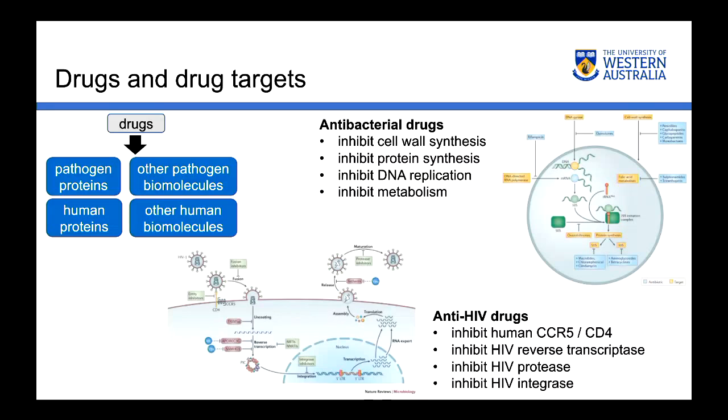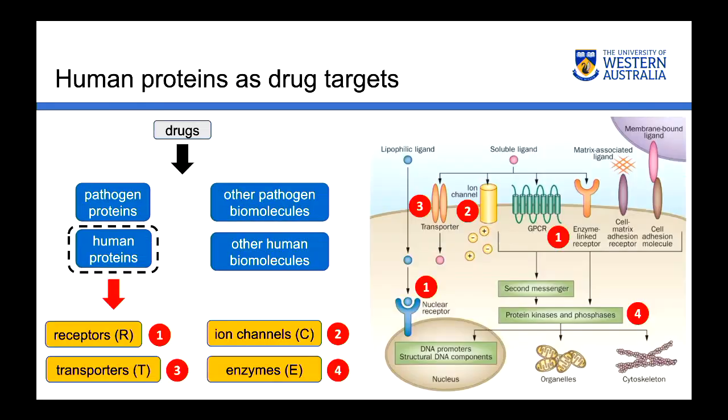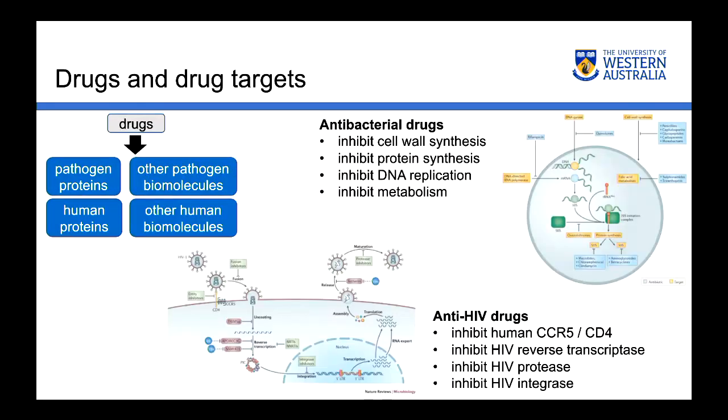Similarly, with anti-HIV drugs, you will see the vast majority of these drugs do inhibit a protein from the virus. But the first ones, CCR5 and CD4, are actually found on the host cell in a human.